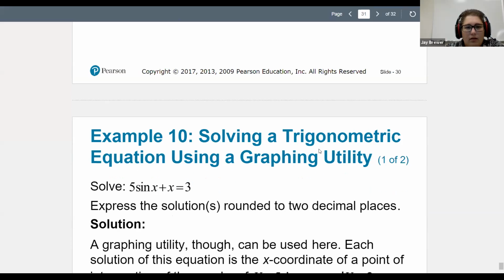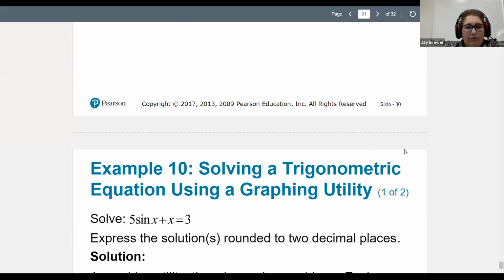All right. The last one is talking about a graphing utility. I'm assuming this could be your calculator as long as it's a graphing calculator and advanced enough. I would probably just use Desmos because I just think Desmos is nicer for trig functions. It gives you a really great big screen.